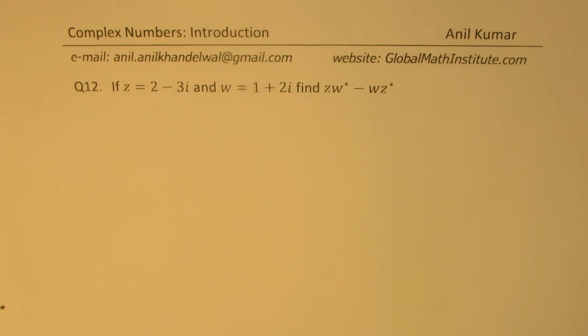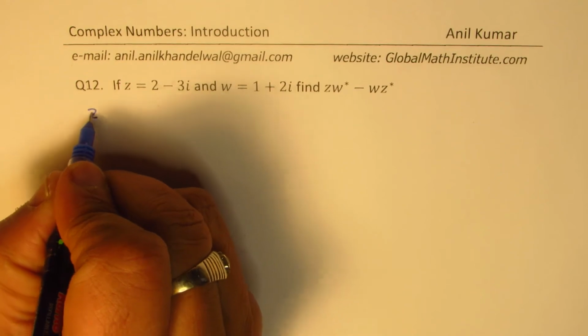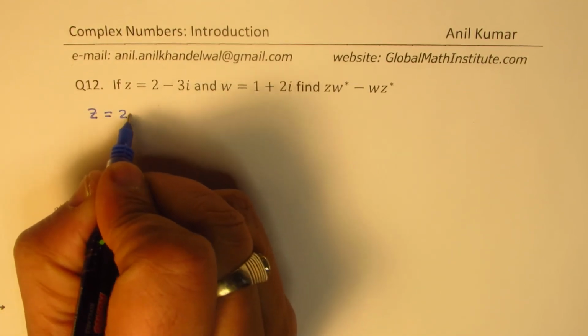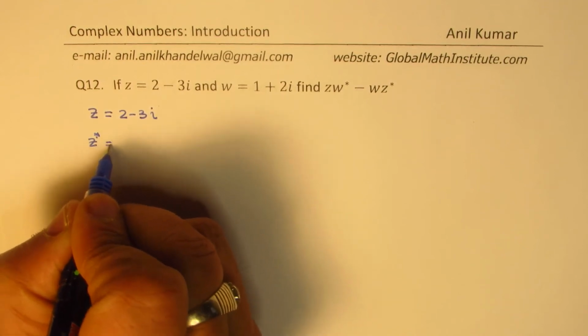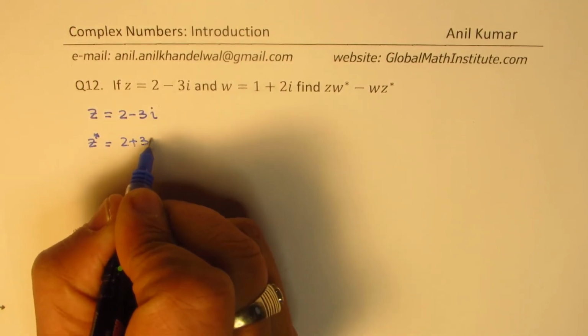The question here is, if z equals 2 minus 3i and w equals 1 plus 2i, find z times the conjugate of w minus w times the conjugate of z. So let's write down what we are given. z equals 2 minus 3i. The conjugate of z is 2 plus 3i.